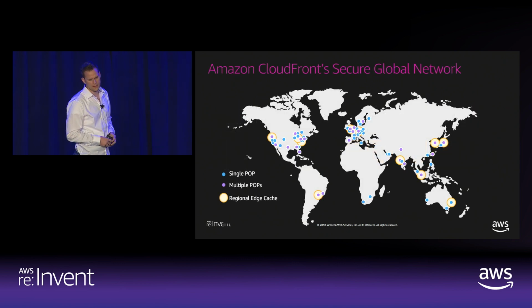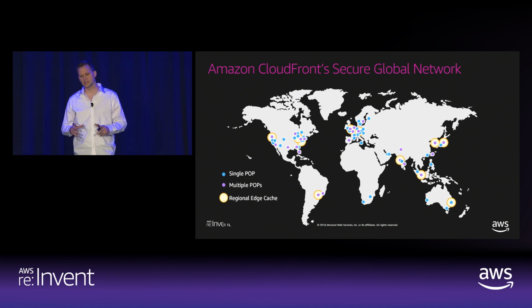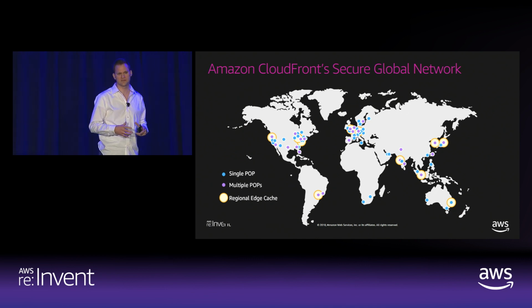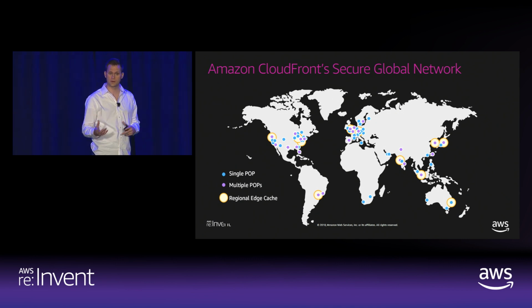Let's talk a little bit more about that mass scalability. The mass scalability of CloudFront begins with its global network of 150 edge locations worldwide. This large global network helps protect against DDoS attacks by dispersing that traffic across our edge locations and shielding your application from direct attack, but also from direct user access as well.